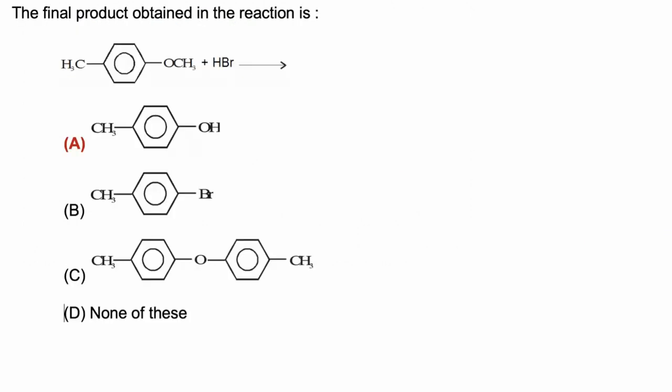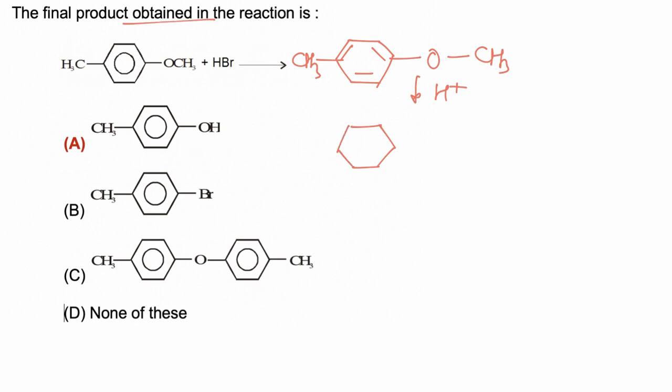In this question we have to find the final product of the given reaction. Now, first the oxygen gets protonated in presence of a strongly acidic medium. So an oxonium ion is formed as an intermediate, CH3-O-CH3 with phenyl. Now the oxonium ion is unstable.